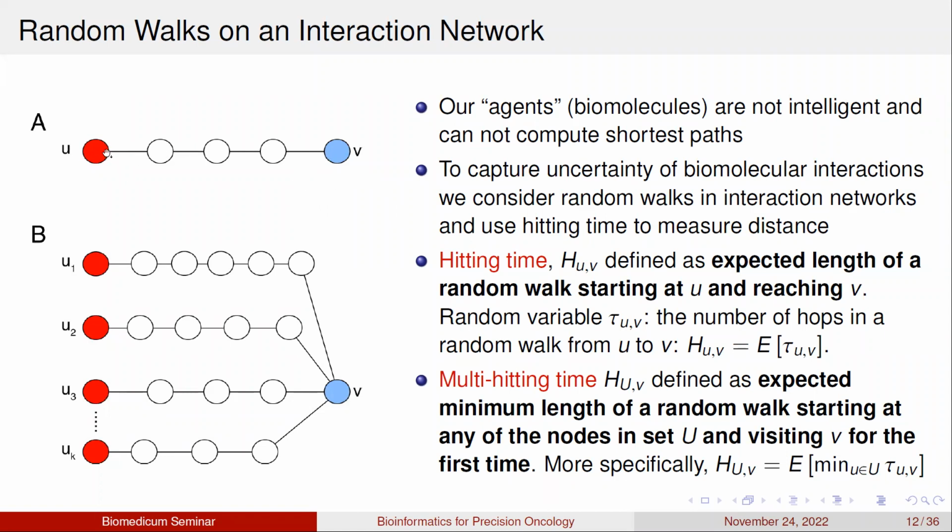The hitting time distance is basically the number of steps that it takes to travel from the source to the target. If we look at the hitting time in figure A, it is just 1, 2, 3, 4 hops. So in 4 hops, we can reach the target from the source. That's the hitting time. And the inverse of this hitting time will give us some kind of measure of the influence.